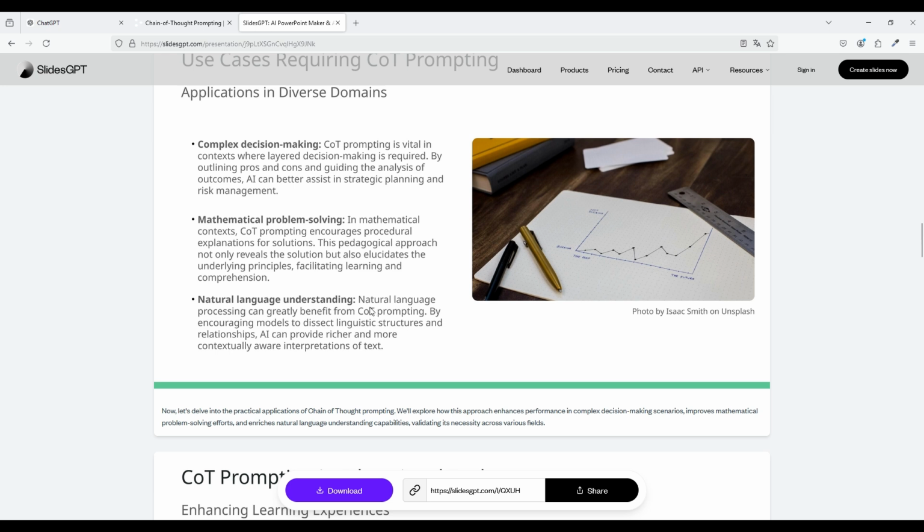Then natural language understanding: you can make things easier. Named entity recognition or reference resolution using LLMs is usually not a straightforward task. So with chain of thought, the results can be improved, of course.